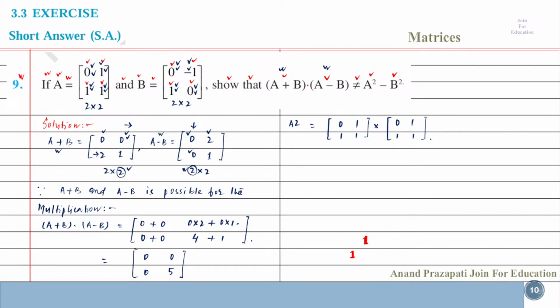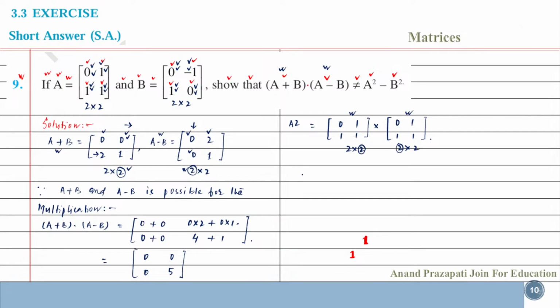The order of this one is 2 by 2, and order of this one is also 2 by 2. Here number of column is equal to the number of rows. Therefore, this one and this one is possible for the multiplication.